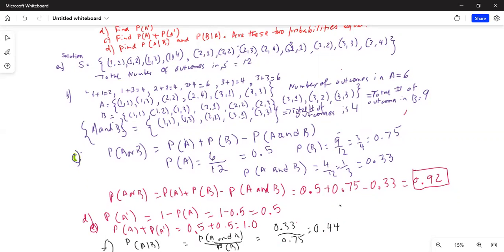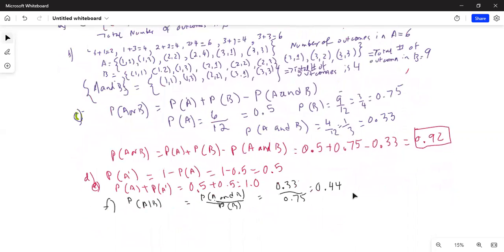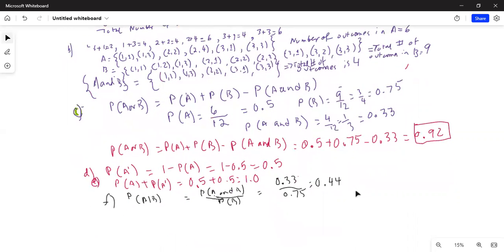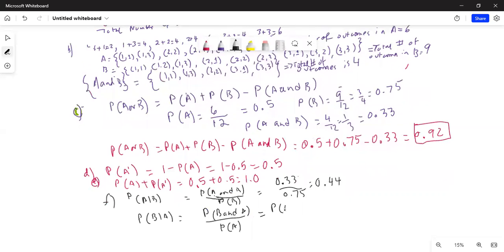Okay. And putting some more space. Next is asked for, find probability of B given A. So that is probability of B and A divided by probability of A. Now B and A is same as probability of A and B, joint event.